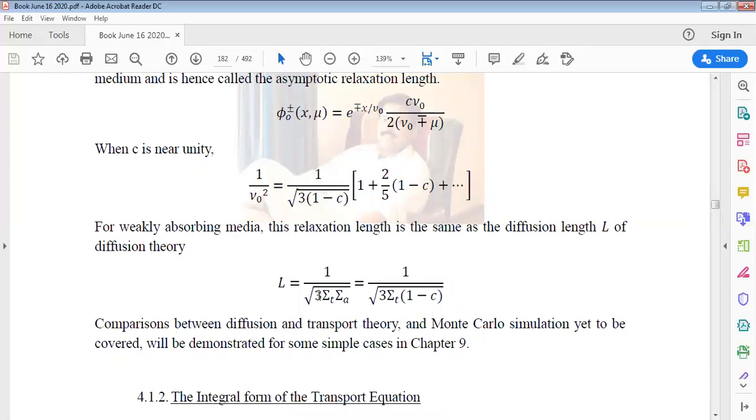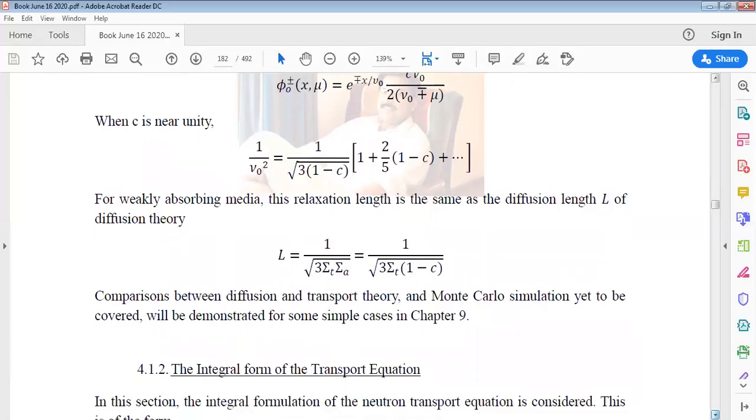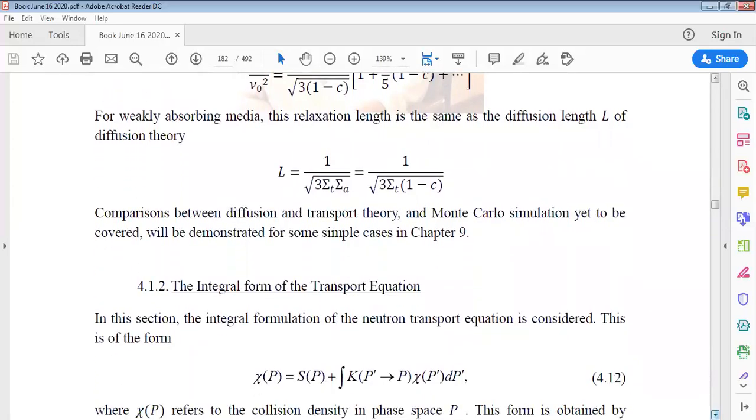So for a weak absorber, sigma t is about sigma a, and so it becomes sigma a squared over here. So that becomes the diffusion length. If you put sigma a as 1 minus c, it becomes this, which looks like the relaxation length from transport theory for the infinite medium case.